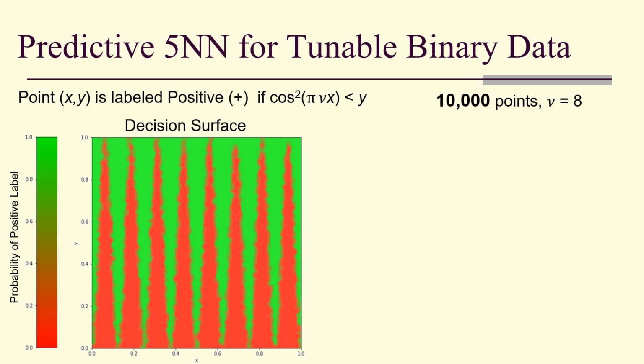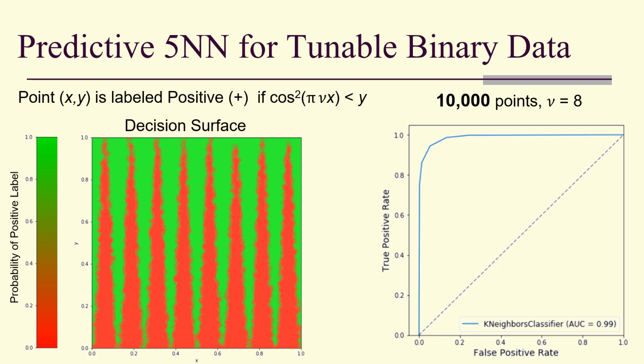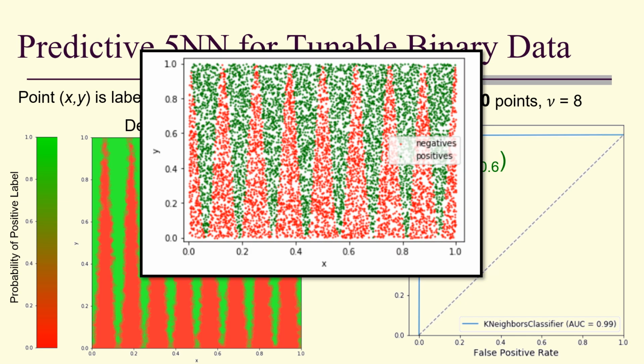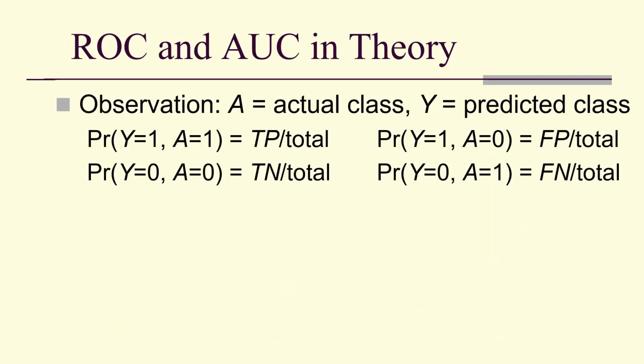We've recovered some of the detail that we lost with 1,000 points in n equals 8. And now the receiver operating characteristic is back up to a high area under the curve. And you can see from the raw data itself that more data has given us better results.